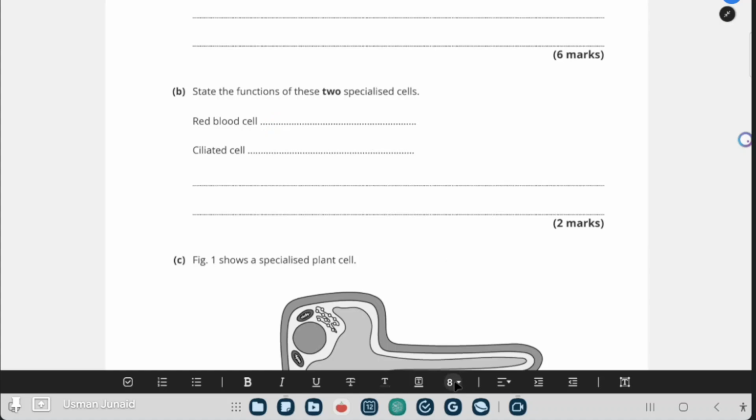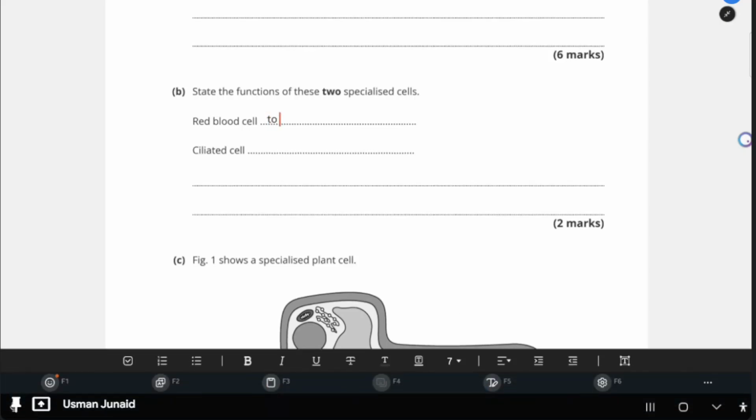Why do you need blood? It carries oxygen in our body. Yes.